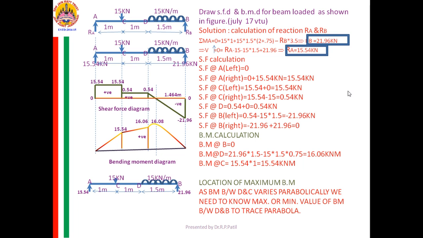If you want, you can check it at the other side also. Bending moment at C is 15.54 into 1, is equal to 15.54 kilonewton meter. Now last is the bending moment at A equal to 0.